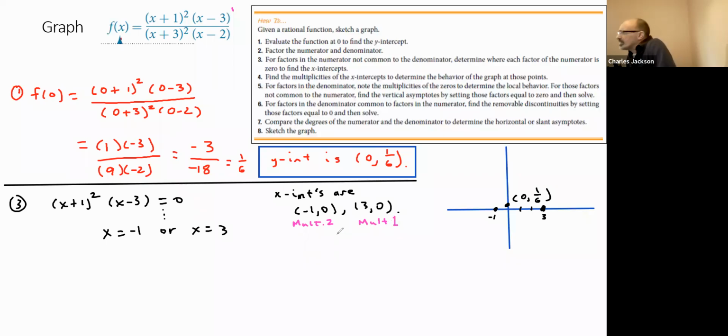Okay. Now they say to determine the behavior of the graph at those points. So the theory tells us that the behavior of a 0 or an x-intercept with even multiplicity is that the graph is going to bounce off the x-axis there.